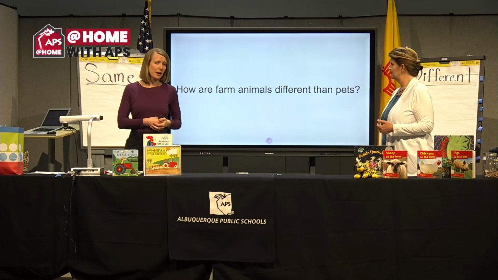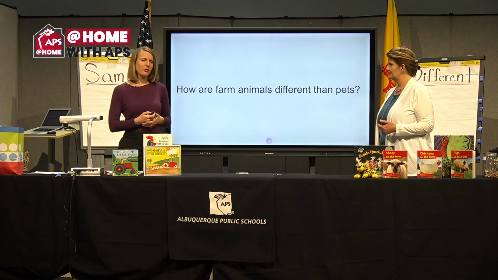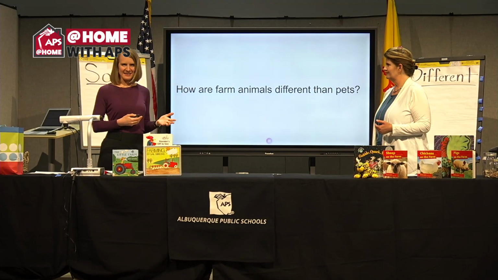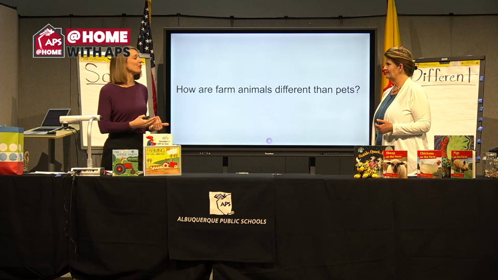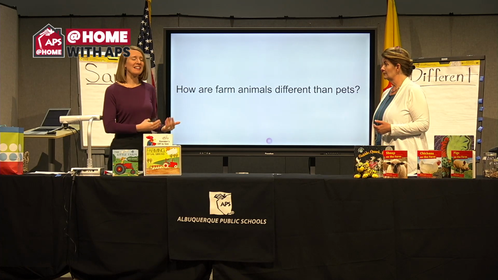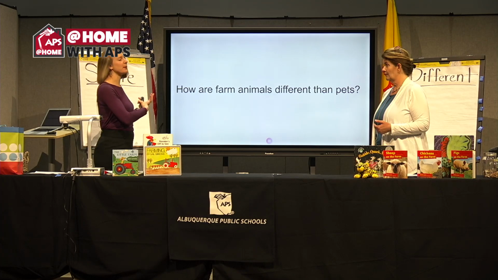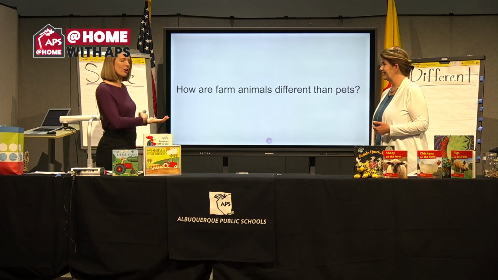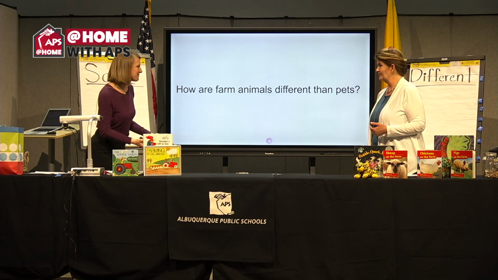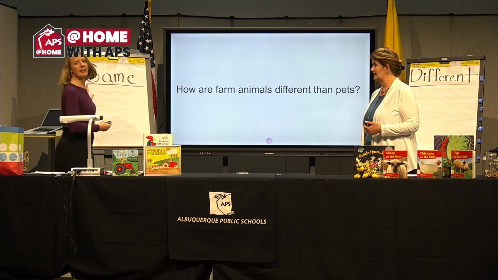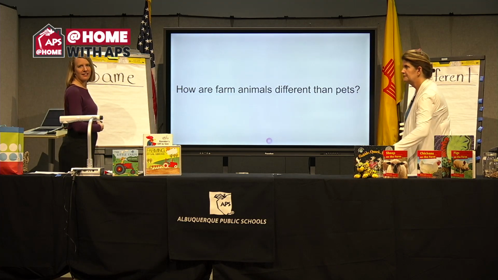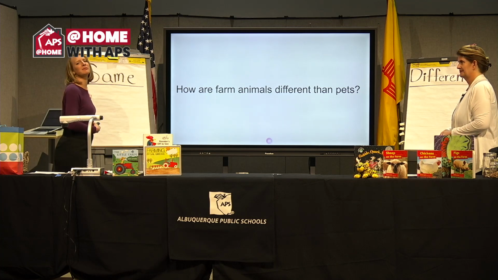Fantastic. So now let's take a look at how they are different than pets, because we talked about pets last week. We have an activity for today where we are going to practice comparing things that are different and the same between animals that are on the farm and animals that are pets. On the left side, I have a chart that says same.